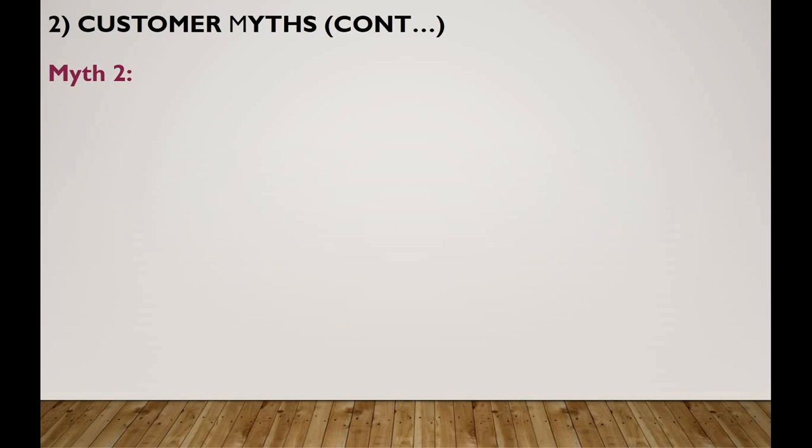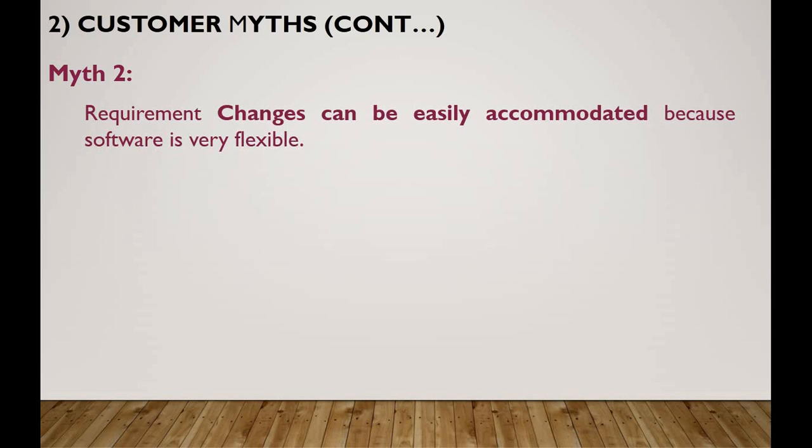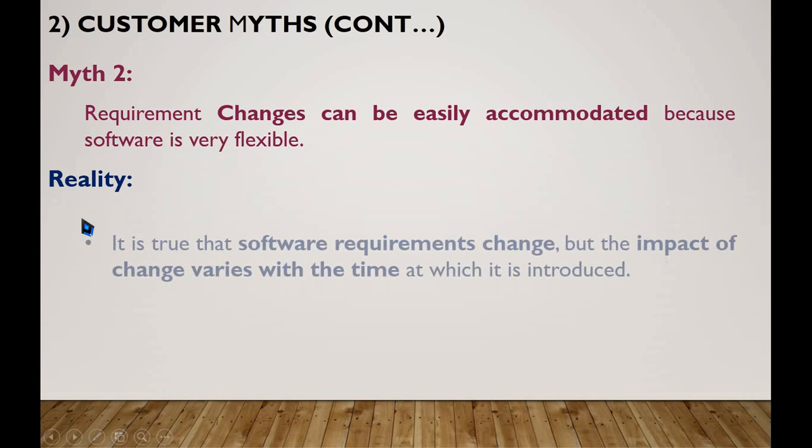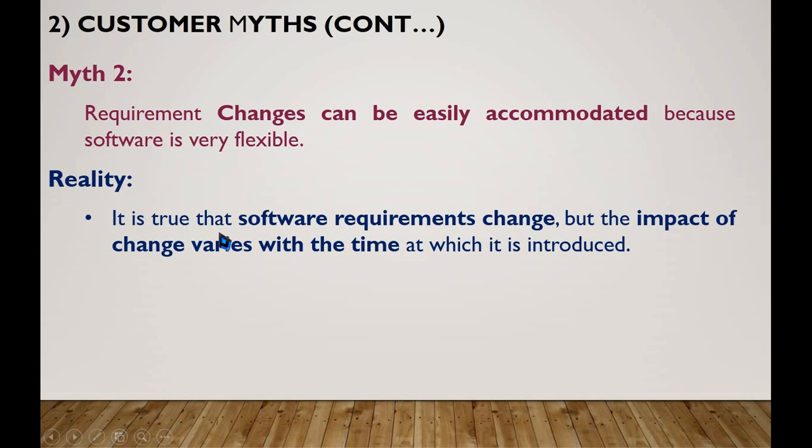Myth number 2 says requirement changes can be easily accommodated because software is very flexible. But reality says it is true that software requirements change, but the impact of change varies with the time at which it is introduced.